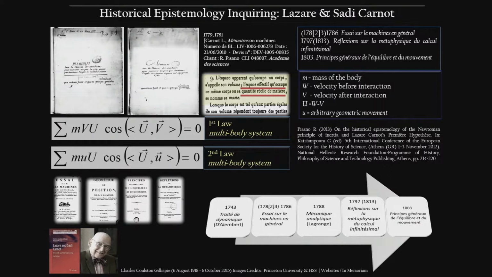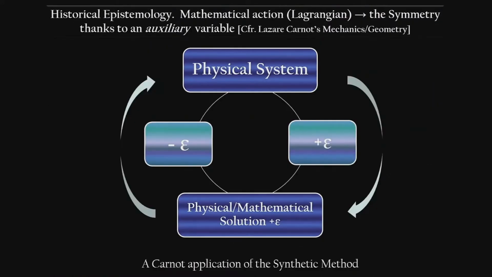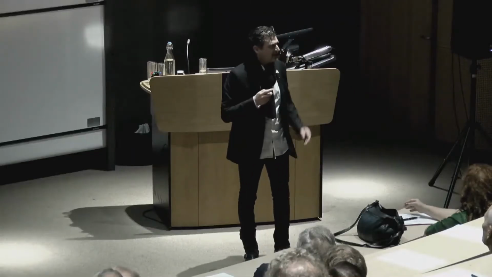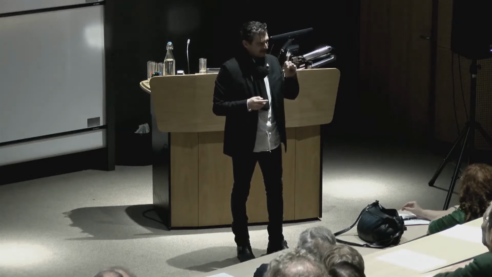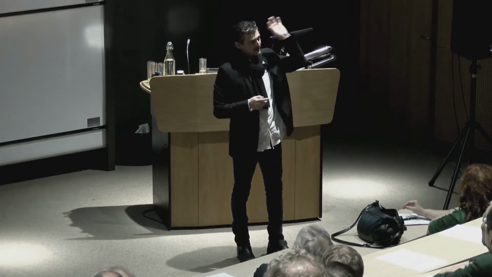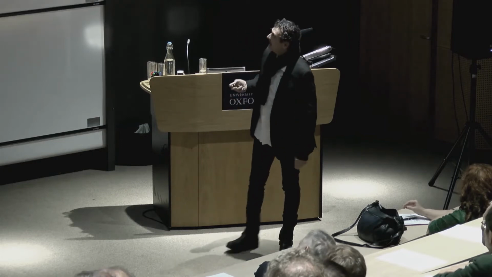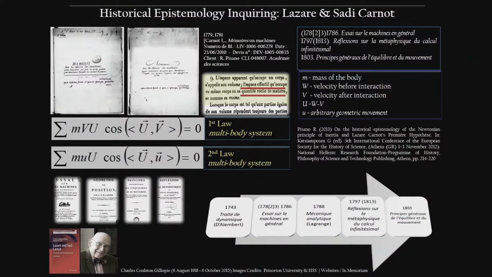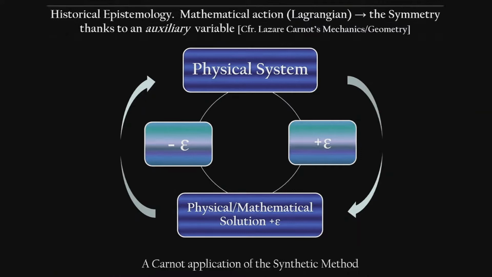What is interesting is that to produce these vectorial equations, he used for sure an ancient method, the synthetic method, that goes back to Pappus. The idea was: I have a physical system, I add a quantity, I do an operation, I have an idea, and I say, from this idea, I can add something. After I find a physical-mathematical solution that includes what I already added.